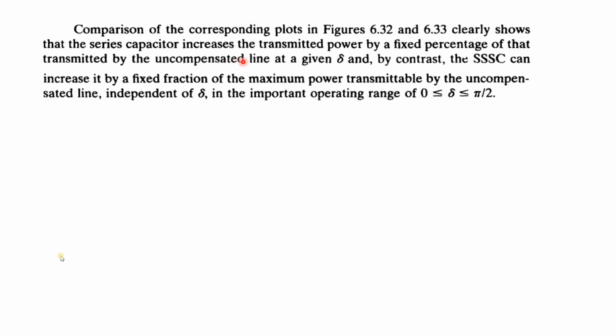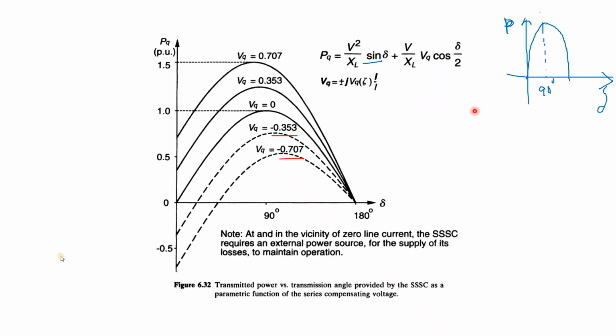So it increases the transmitted power by a fixed percentage of that transmitted by the uncompensated line at a given angle delta. By contrast, the SSSC can increase it by a fixed fraction of power transmittable by the uncompensated line, independent of delta in the important operating range of delta 0 to 90 degrees. That means here it is independent of delta.